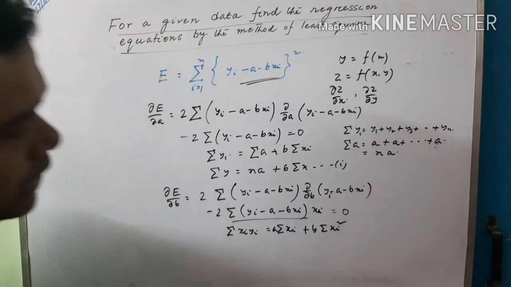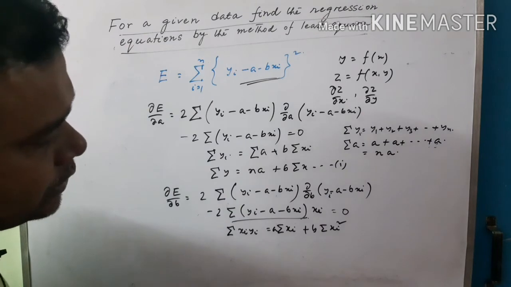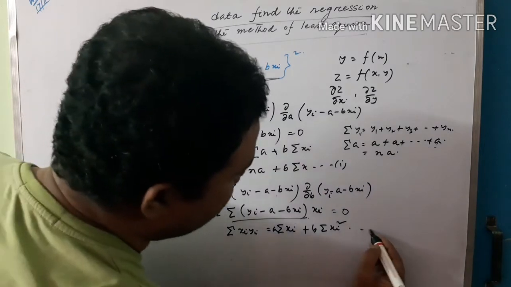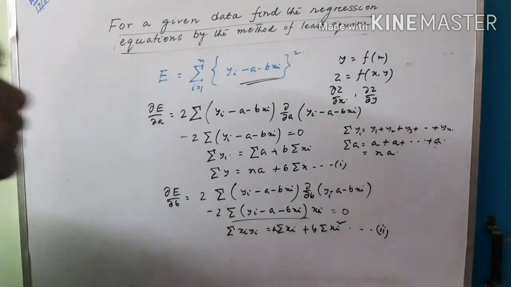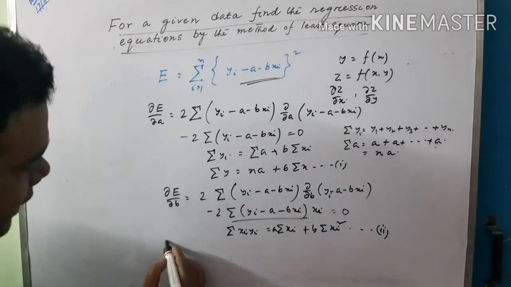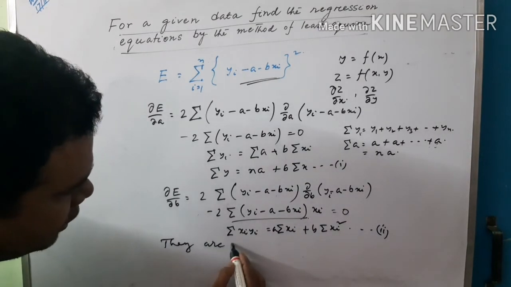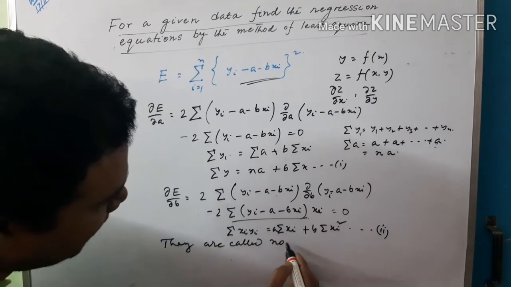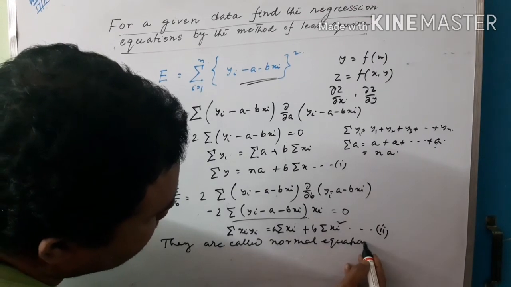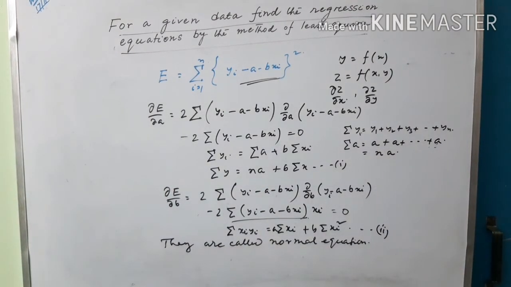So this is equation number 2. Equation number 1 and equation number 2 are called normal equations. Remember that they are called normal equations. By solving these normal equations, we can find the values of a and b.